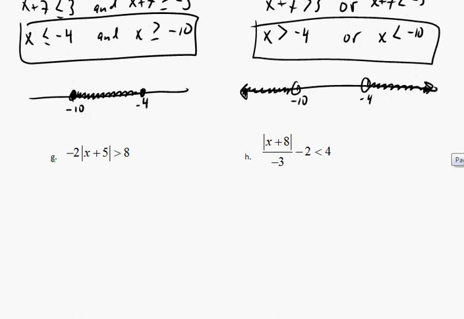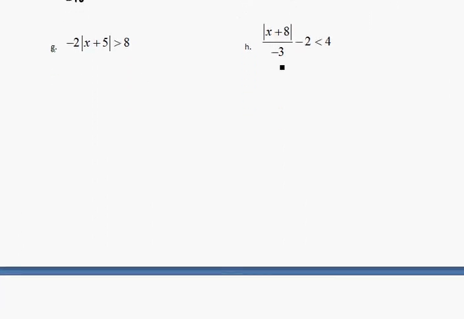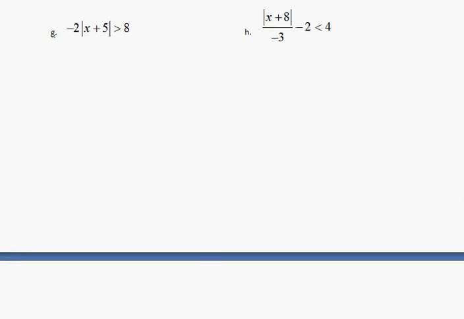Now, take a few moments, pause the video, and try problems G and H. Now, problem G is similar to the two problems we tried a moment ago, but this negative 2 makes it slightly more complicated.